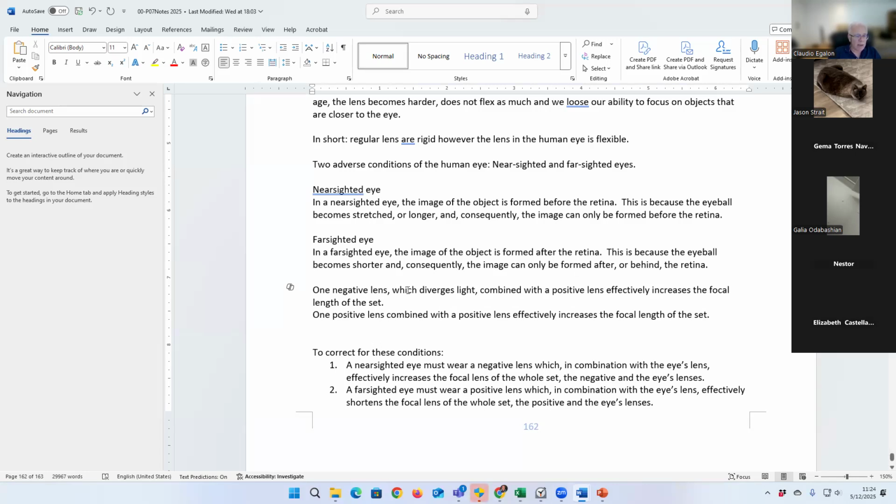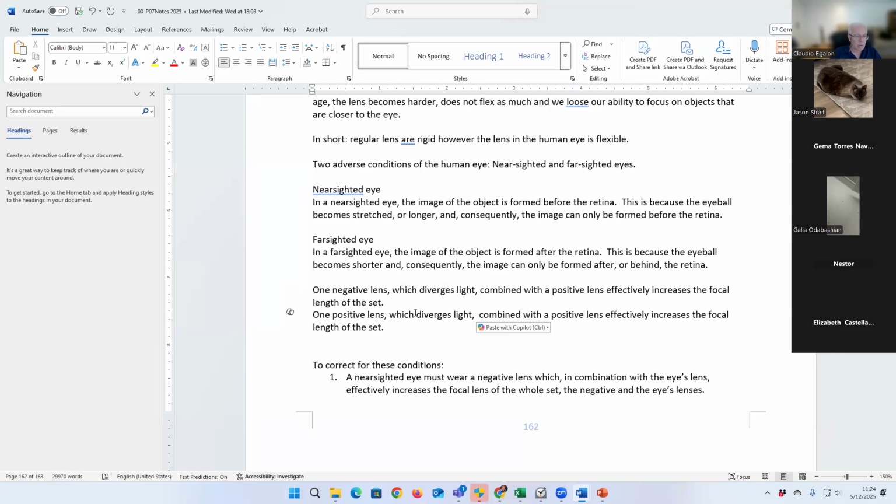One positive lens, which converges light, combined with another positive lens effectively decreases the focal length of the set. Can you picture that? Okay.